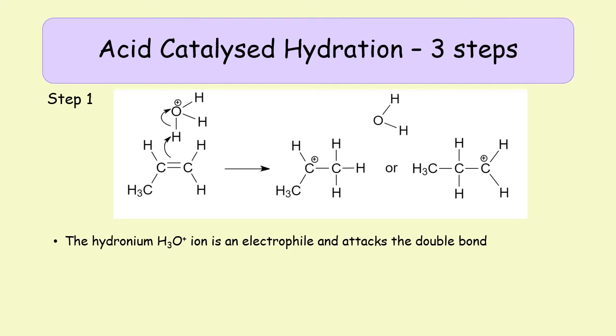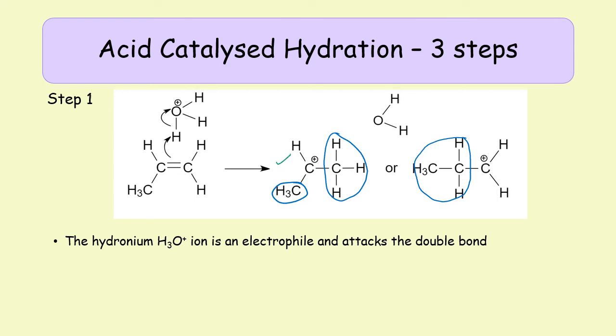Now, just like before, there are 2 possible intermediates, and we need to think about stability. So on our intermediate on the left, our carbocation has 2 carbon atoms attached to it. On our one on the right-hand side, we've only got 1 group. So our more stable one is this one on the right.